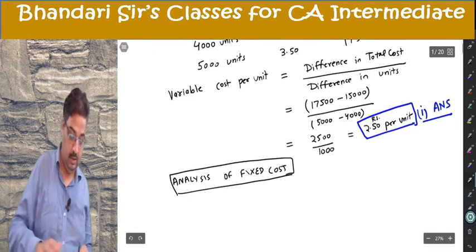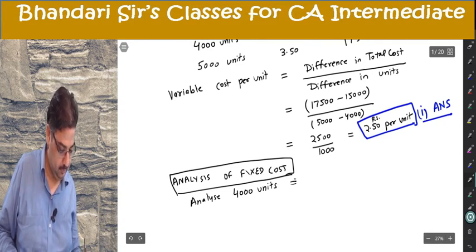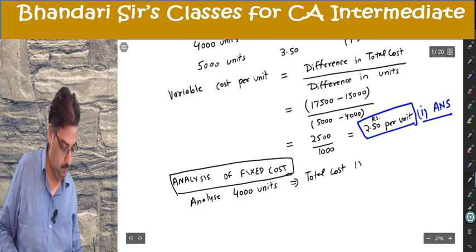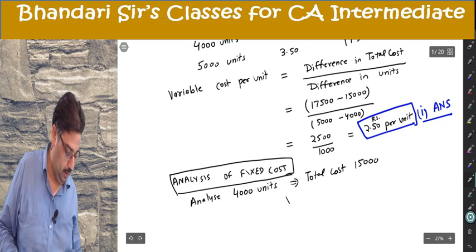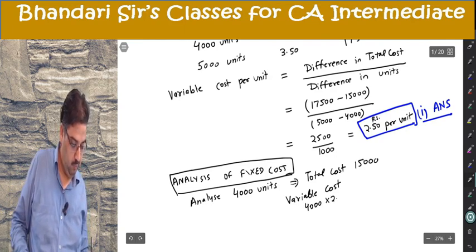So alternative one is analyze 4000 units, total cost 15,000, variable cost 4,000 into 2.50, that is 10,000.